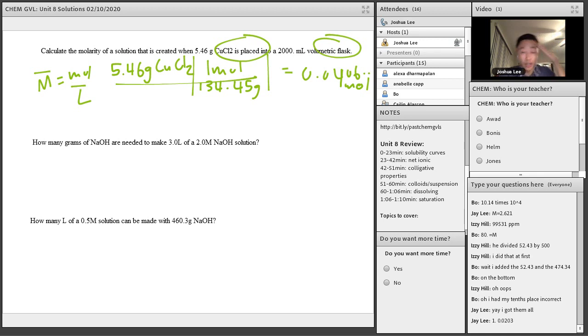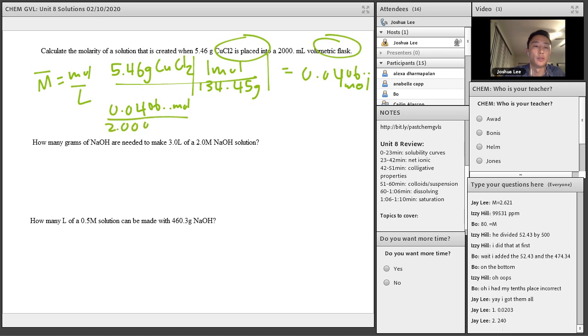And that is not our answer yet because we have to divide that by liters. So 0.0406... moles. We divide that by 2.000 liters. You just divide it by 2. You get a molarity of 0.0203 molar CuCl2.